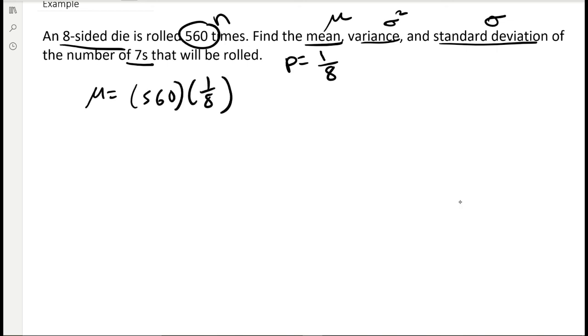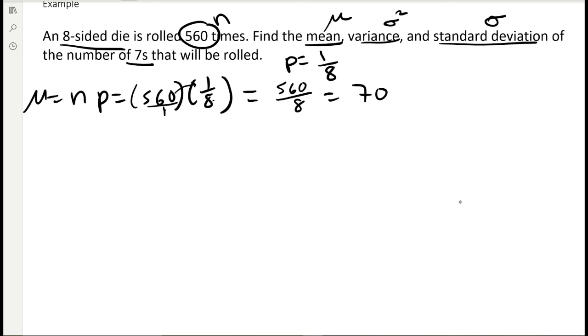Remember that the formula was n times p. So basically, you're just going to multiply, this is over 1, multiply numerator to numerator, denominator to denominator. And you're going to go ahead and divide those, and you get 70. So the average is 70 for the number of 7s that will be rolled.